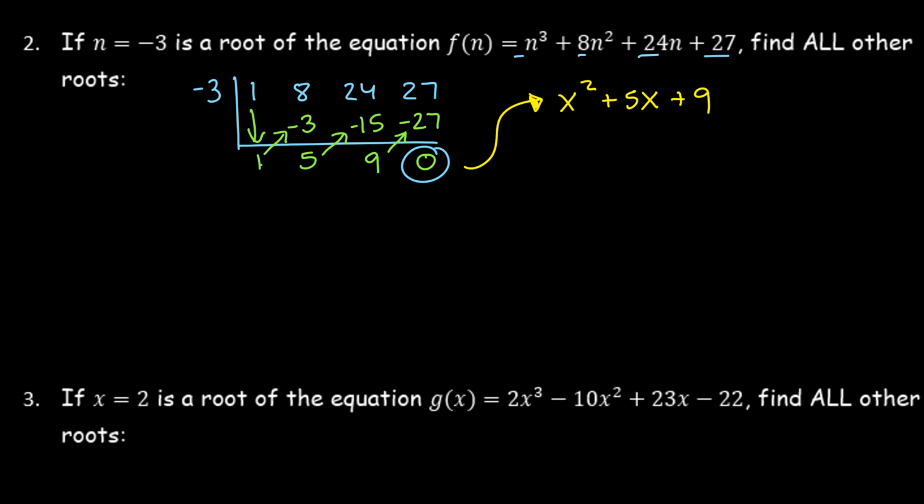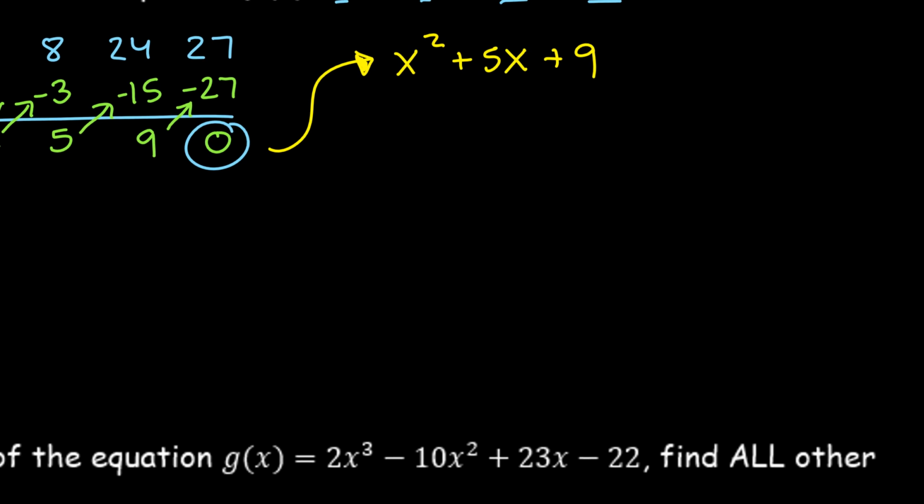Right, that's the quadratic after you divide the factor of negative 3 out of our cubic. So now what do I need to do to get the other factors? How do I factor this? X factor, what multiplies to be 9 but adds to get 5?